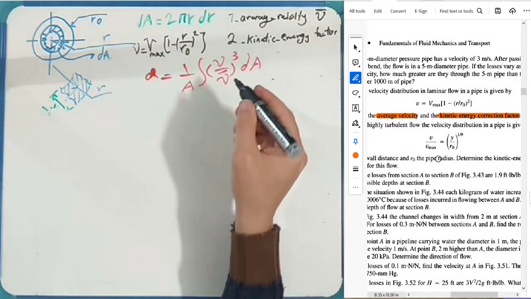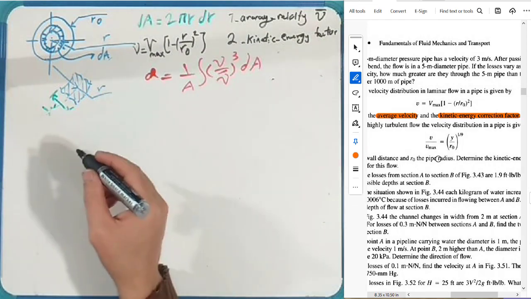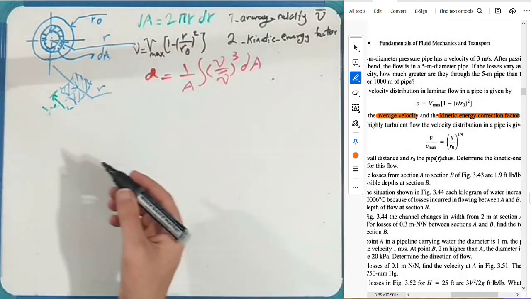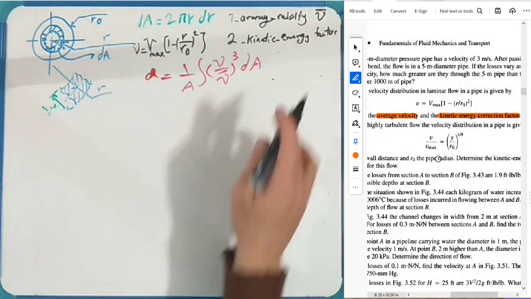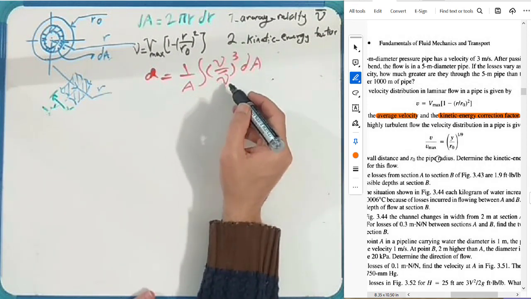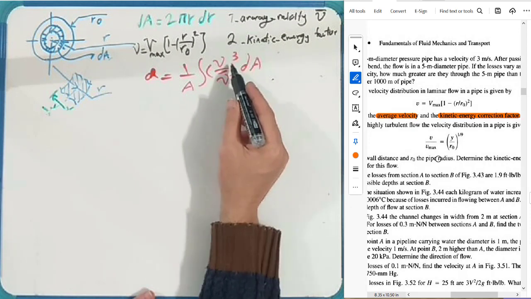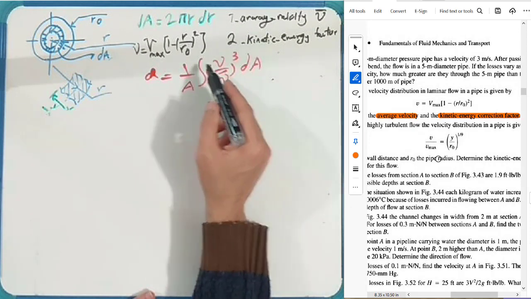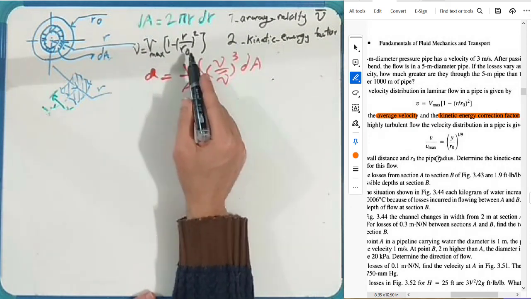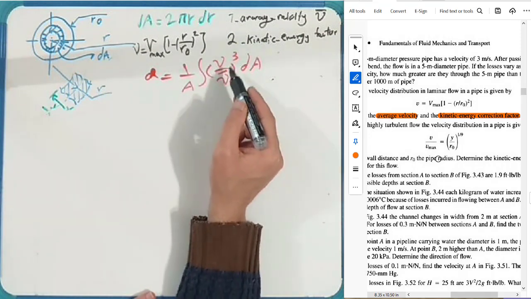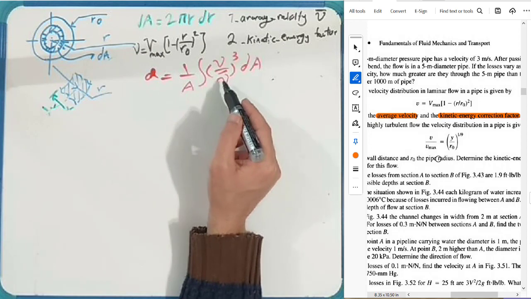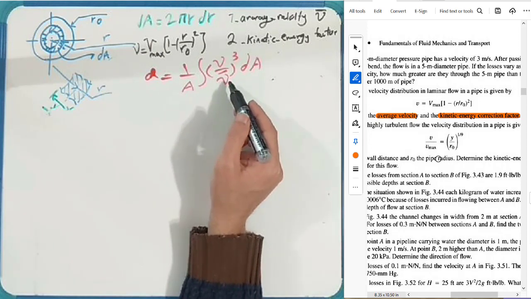Now I need to calculate nu bar because I don't know exactly the value of that. I know this one, and I have the relationship between V max and R and R0, but I don't know nu bar, and I have to find it.